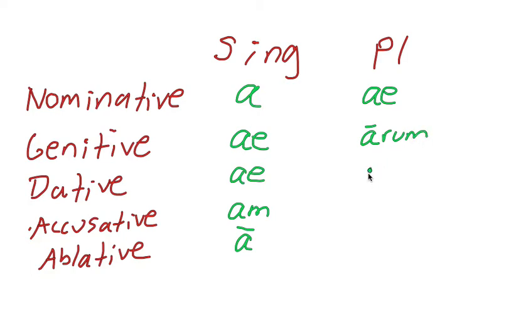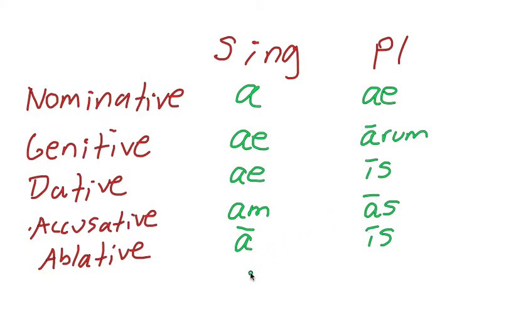The dative plural is is. The accusative plural is as. And the ablative plural is is. So these are the endings for first declension nouns. In the singular, a, I, a, and in the plural, I, arum, is, as, is.